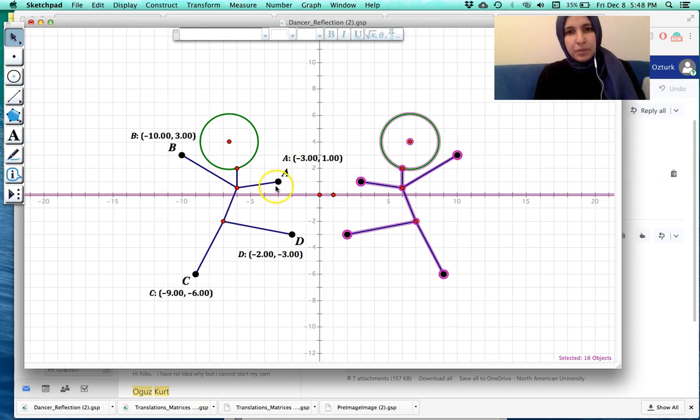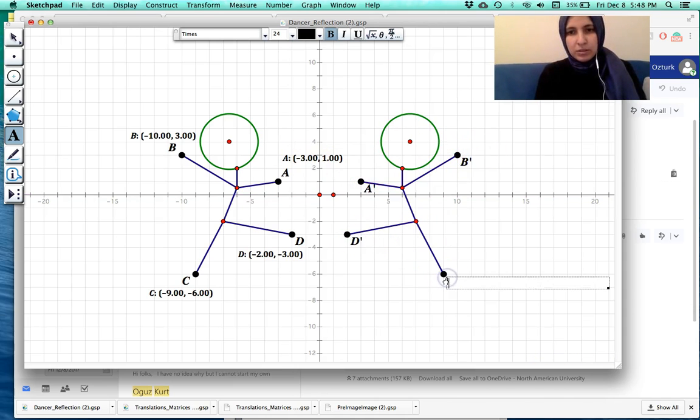It wants me to predict these points. Let's label A', B', D', and not this one, C'. Yay.